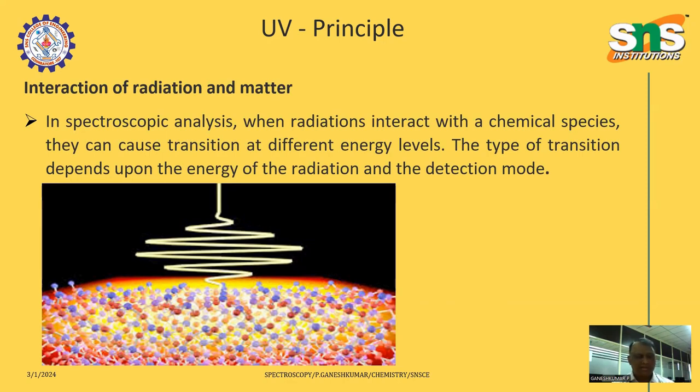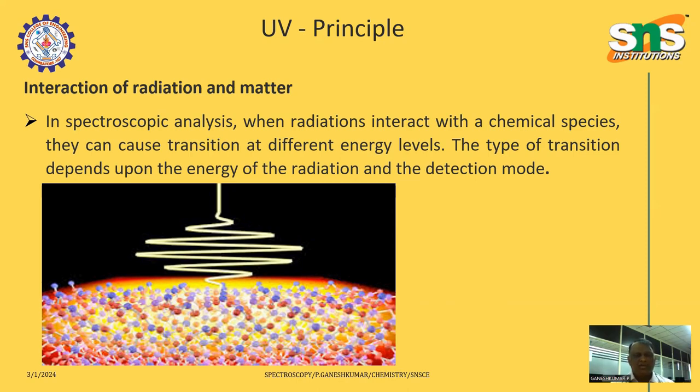Absorption takes place. How does the absorption take place? The electrons in the orbitals get excited by absorbing these energy levels and move to the excited state. So the amount of absorption is represented by a wavelength region.